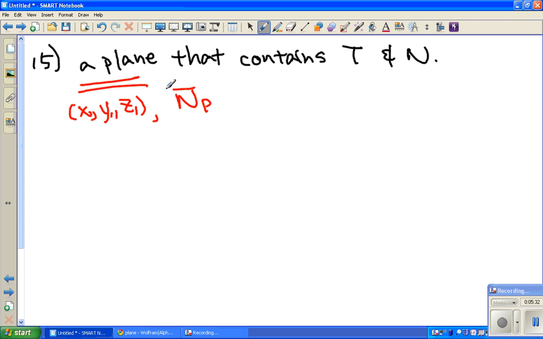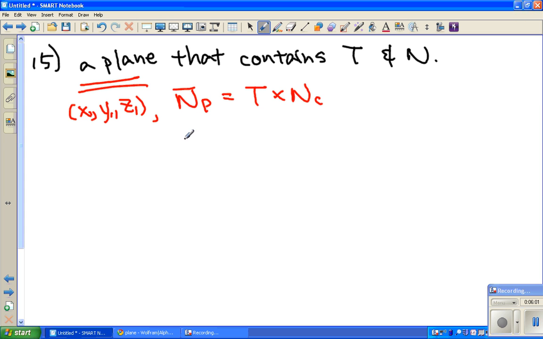In order for us to find the normal vector to the plane, this can be found by the tangent vector cross product with the normal vector of the curve. Now, in order to get the unit tangent vector and then the unit normal vector, it will take some calculation. So I'm going to do this question a little bit differently.